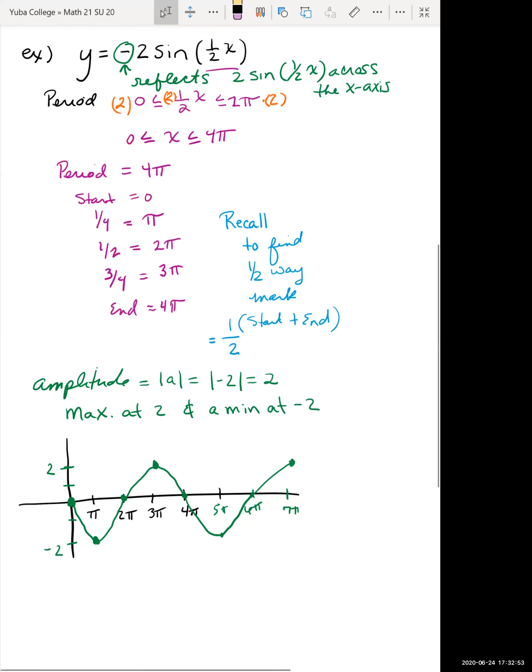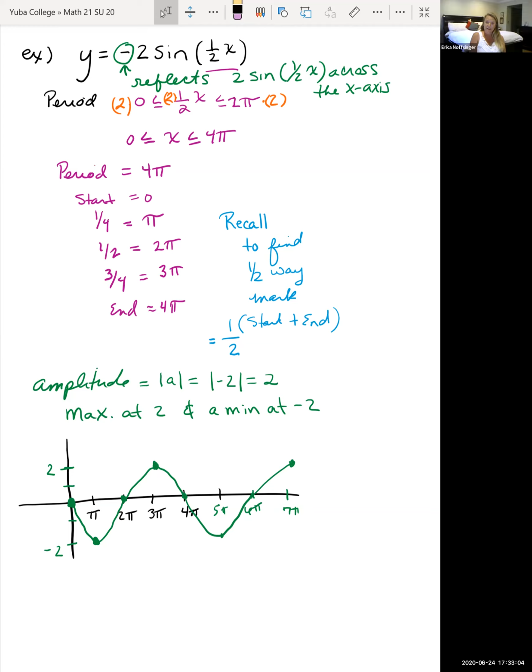Excuse me, I had a question as well. Yes. So, if we're unsure about where to put the y coordinate, can we just plug in the x value into the equation to get the y? You can definitely. It's just sometimes harder to see, but you could plug in 0 for x, and we would have -2 times sine of 0. Well, sine of 0 is 0, and so 0 times that -2 is 0. So you would see that that point is 0, 0.